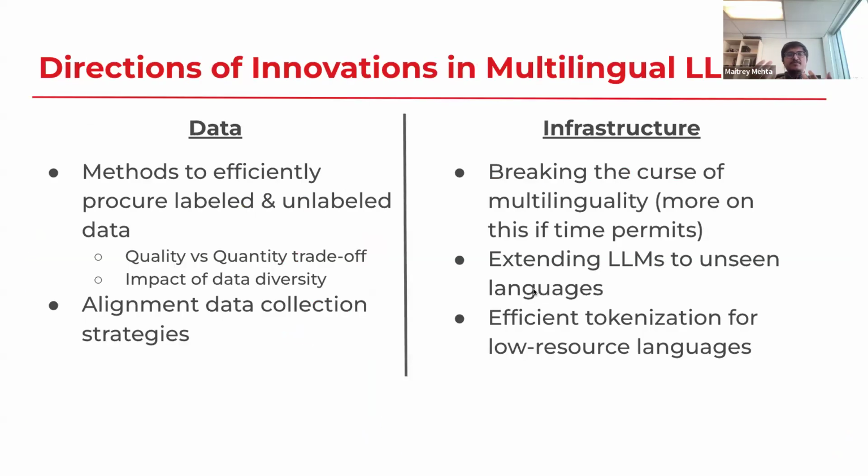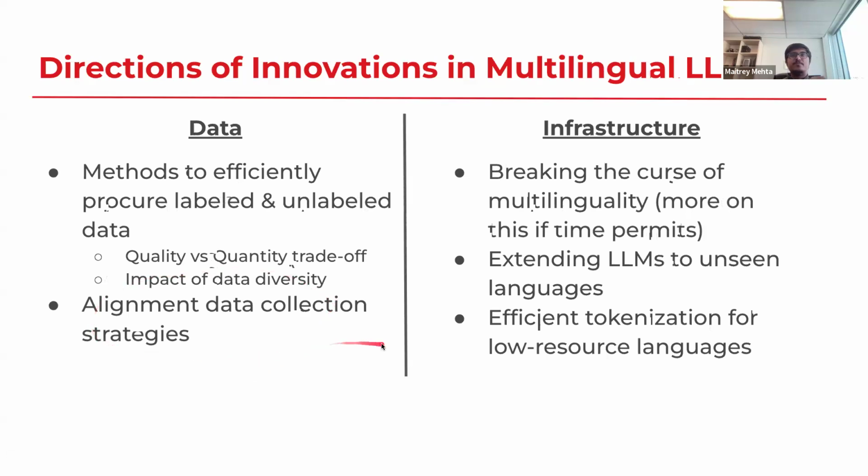So the directions of research in multilingual LLMs are broadly under two different directions. One is the data direction, where the emphasis is on procuring large amounts of labeled and unlabeled data, enforcing quality checks, and ensuring that we have appropriate diversity, so that, for example, languages written in different dialects are represented equally well.